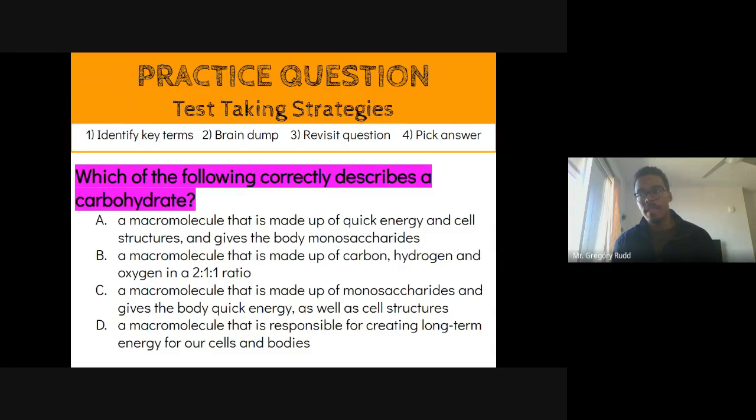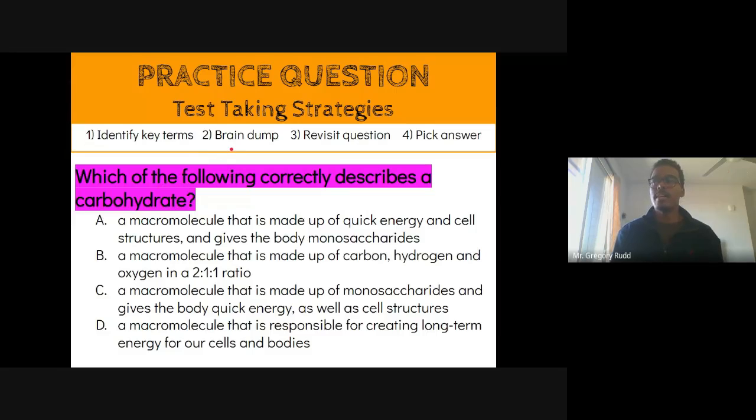I want to be aware of this before I look at the answer choices. And sometimes it's good to get that information out of your head. We call it, in biology, doing a brain dump. So you've identified a key term in this question, which says, which of the following correctly describes a carbohydrate? The key term is obviously carbohydrate here.